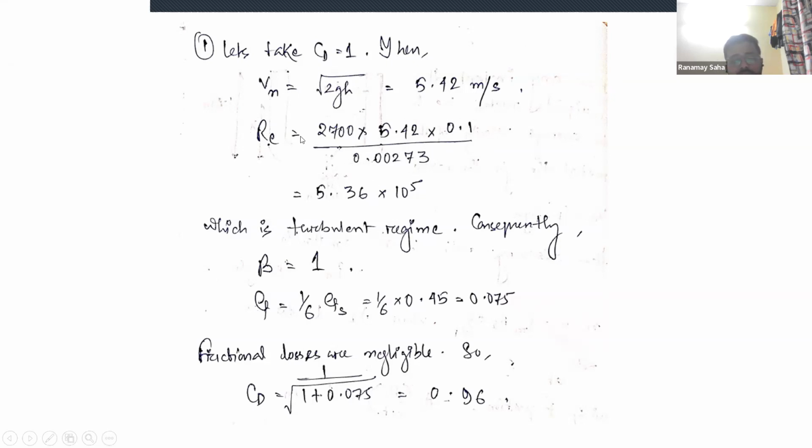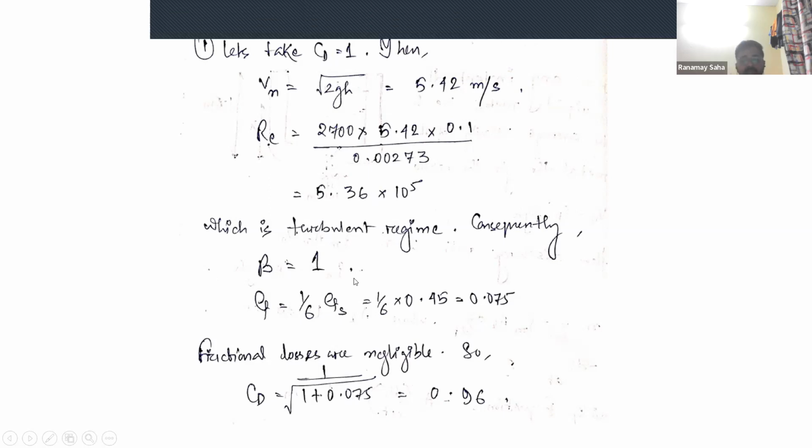Using that you find the Reynolds number is in the order of 10 to the power 5. So of course you know that this is in the turbulent regime, isn't it?